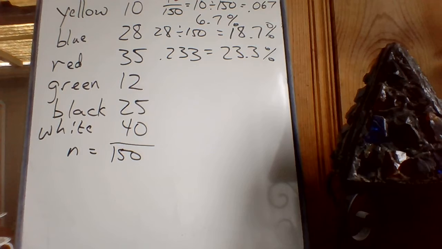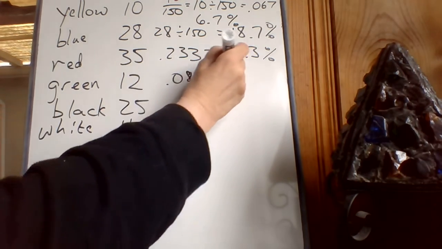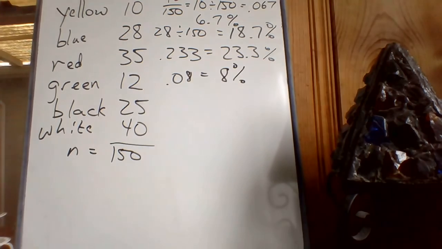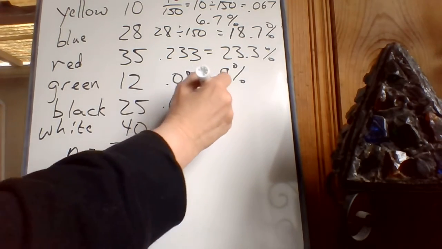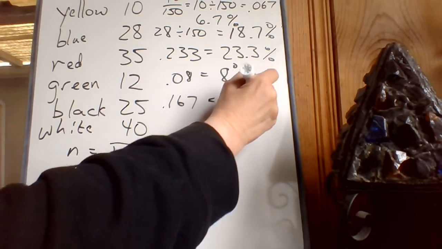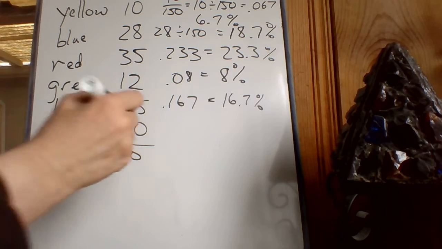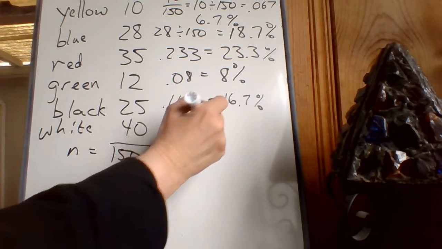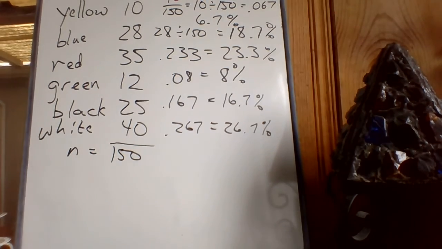All right, and 12 divided by 150 is actually 0.08, so I'm going to call that 8%. And then 0.167, so I'm going to call that 16.7%. And 40 divided by 150 is 0.267, so I'm going to call that 26.7%. Now, how many decimals do you need to save in this?